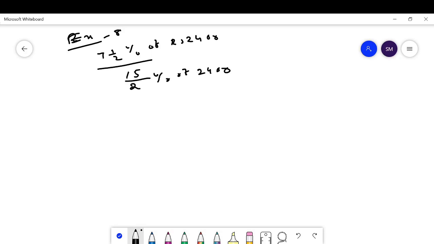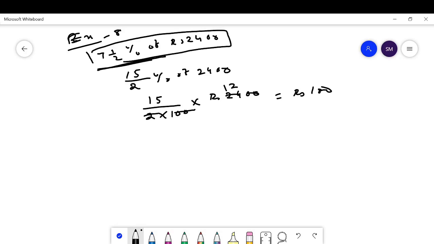Percent means denominator 100, so 15 upon 2 into 1 upon 100 into rupees 2400. Cancelling, we get 15 into 12, which is rupees 180. So 7 whole 1 upon 2% of 2400 is rupees 180.